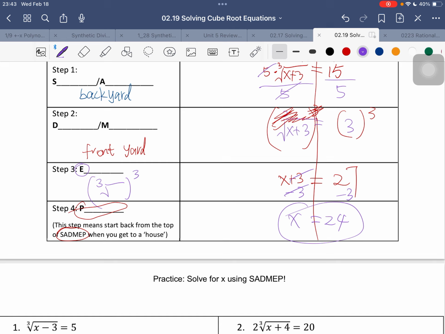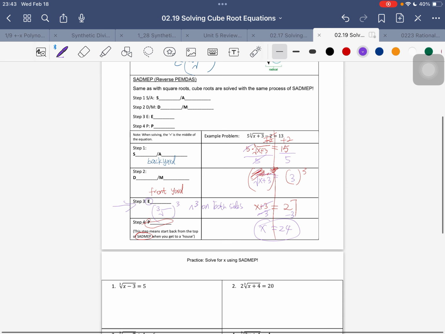So it's not difficult. The only difference is step 3. What we did yesterday and the day before, we squared both sides, but today we cube both sides. That's the only difference. Everything else is the same.